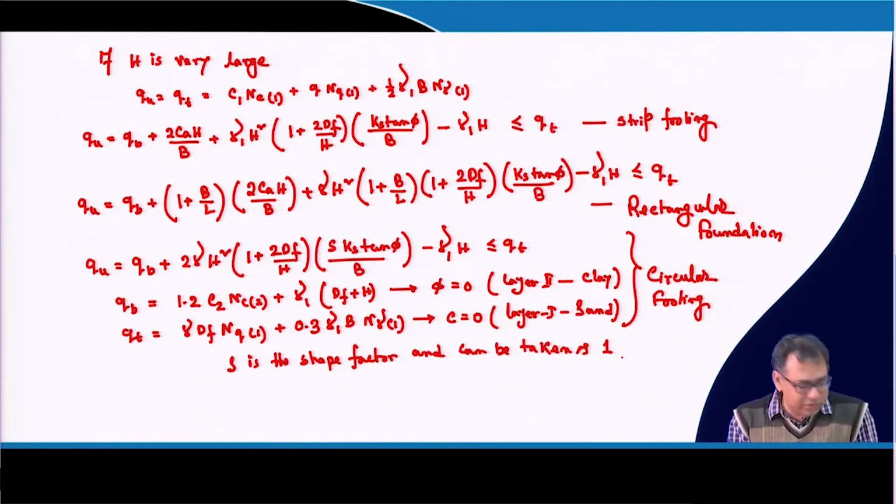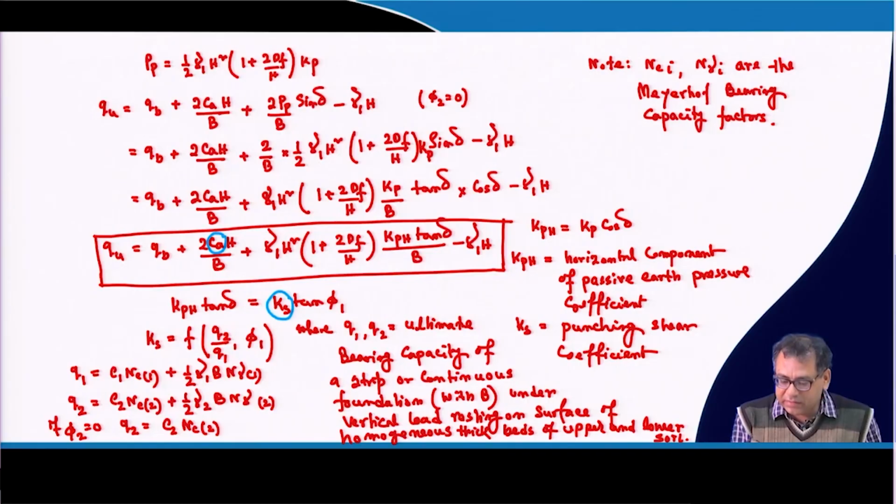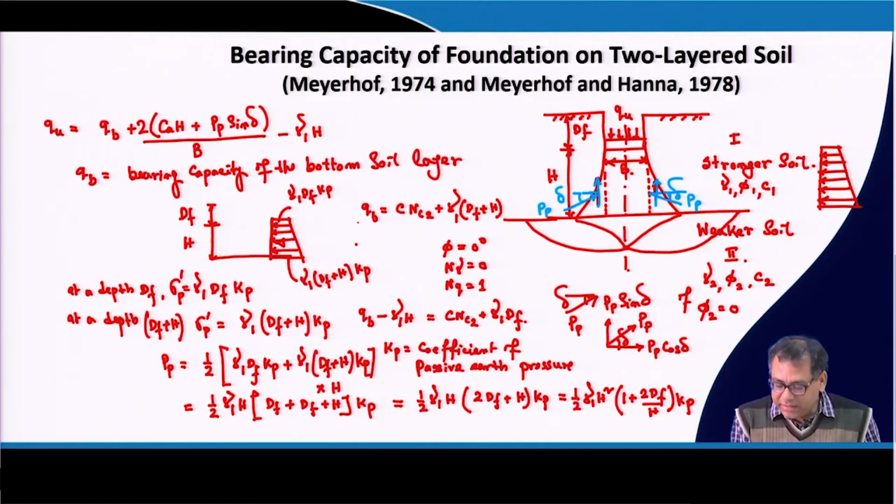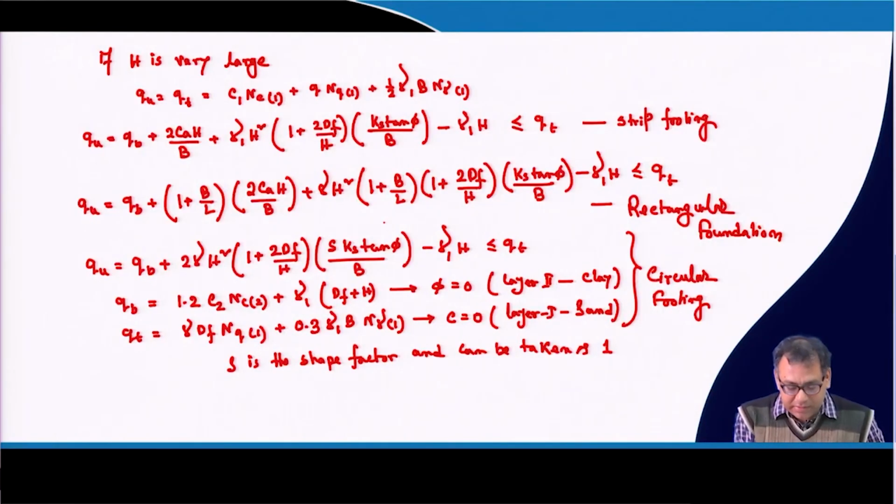In other cases also we have considered that, because phi 2 is equal to 0, the bottom layer is clay and the top layer is sand. But here when I calculate QB, I have considered strip footing.